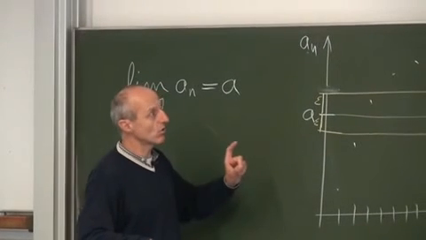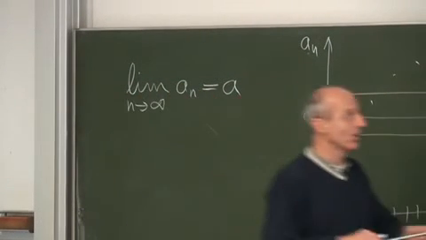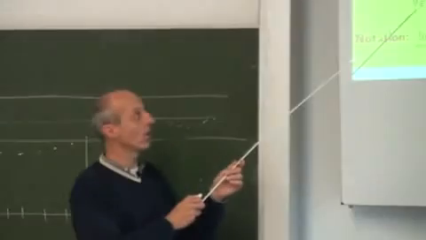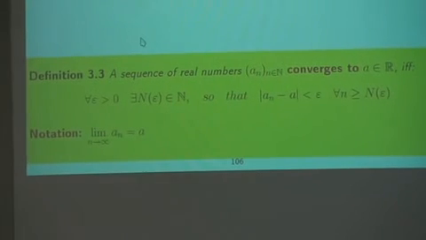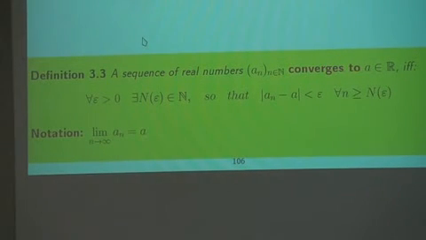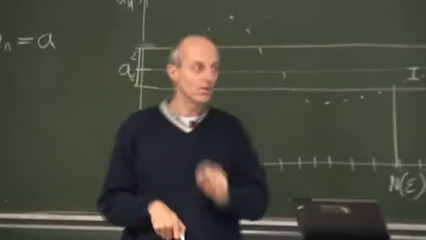A sequence converges if for every epsilon, this is the for all epsilon greater than 0, no matter how small this epsilon may be. I mean, talking about big epsilons is boring. We think about really small epsilon.